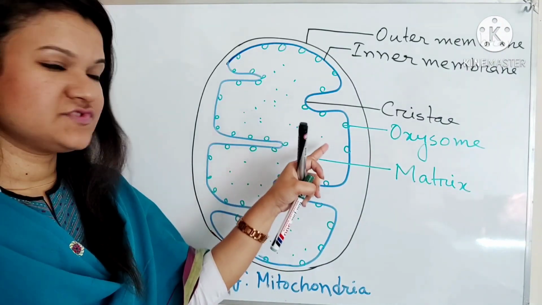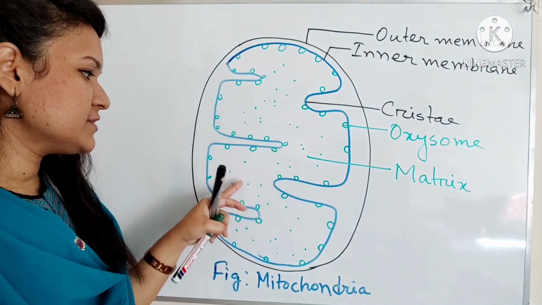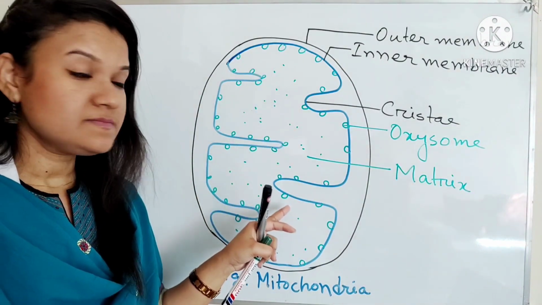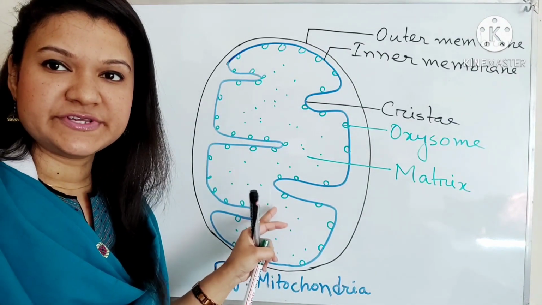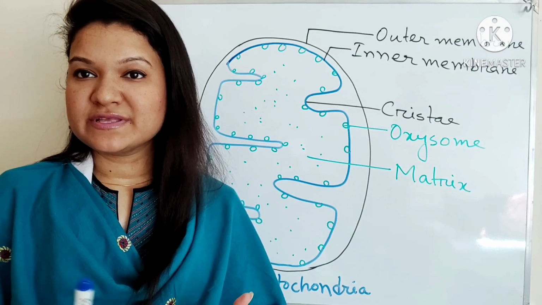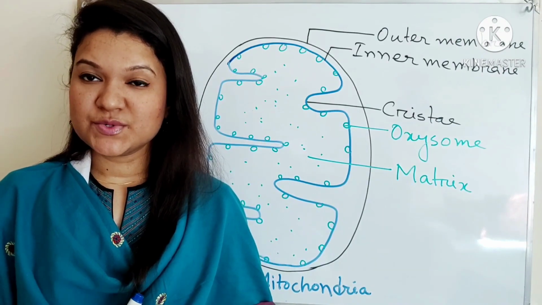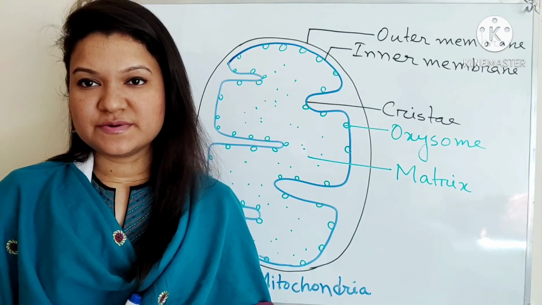This round body-like structure is called oxysome, and the space inside the inner membrane is called matrix. Carl Benda in 1898 first coined the term mitochondria. They play a very important role in cellular respiration.